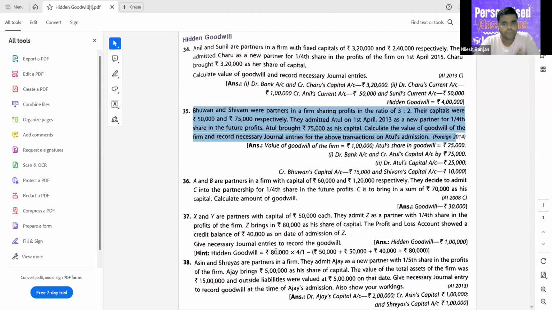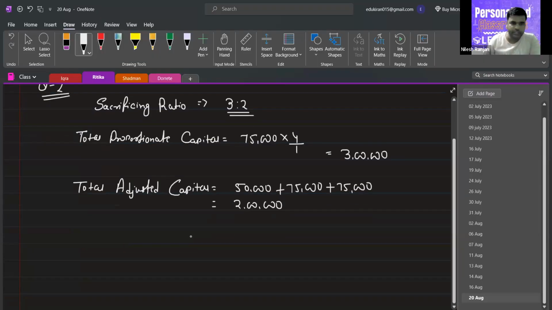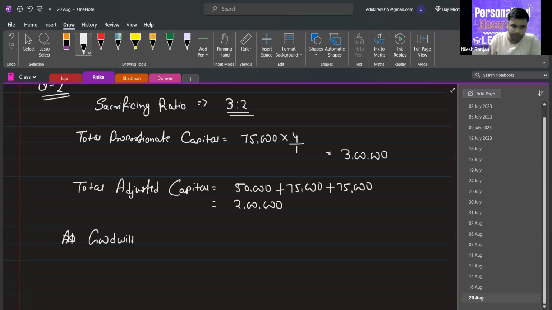Now, goodwill of firm will be total proportionate capital, that is 3 lakh, minus actual capital of old and new partners. So it is 2 lakh.